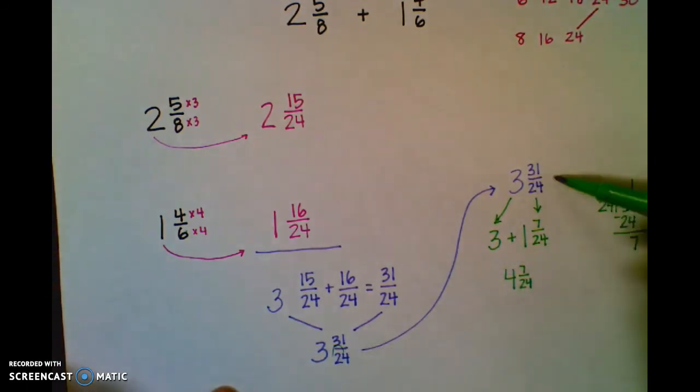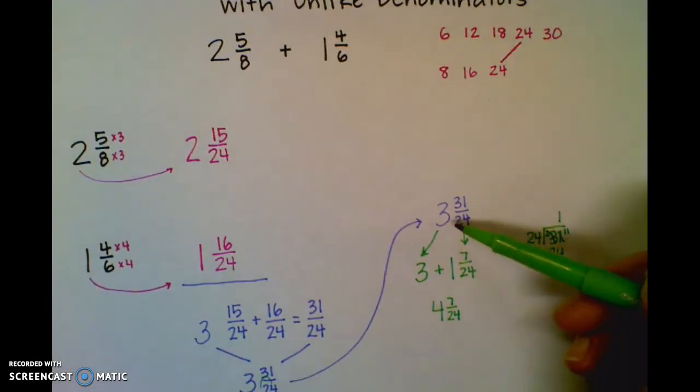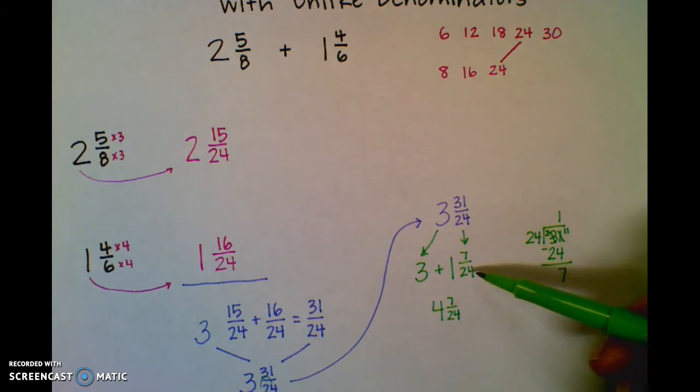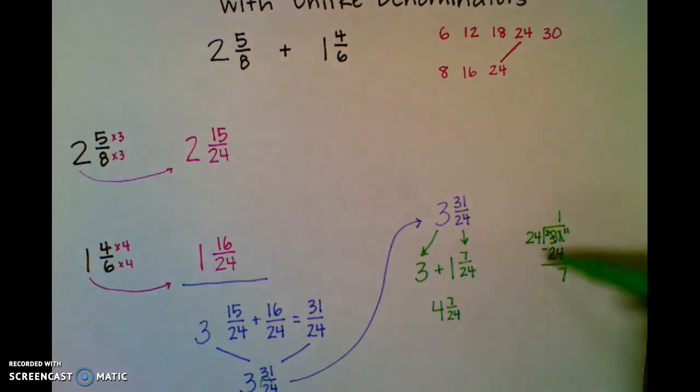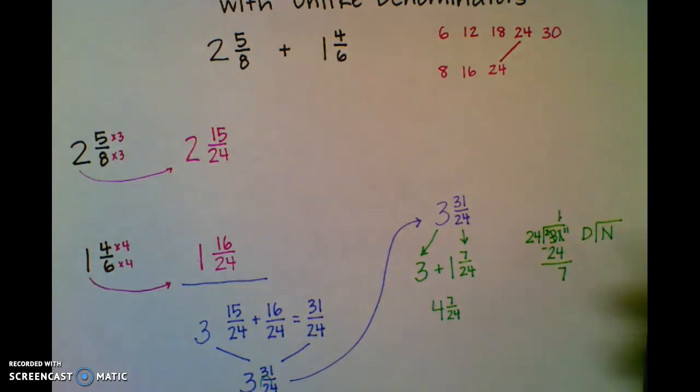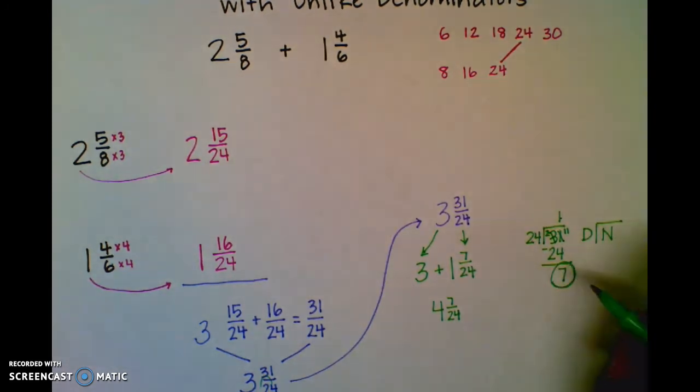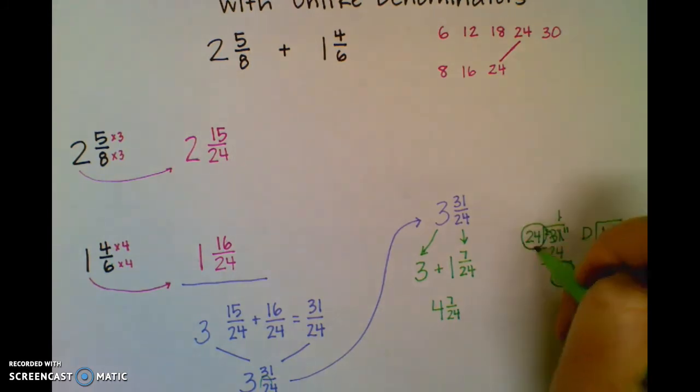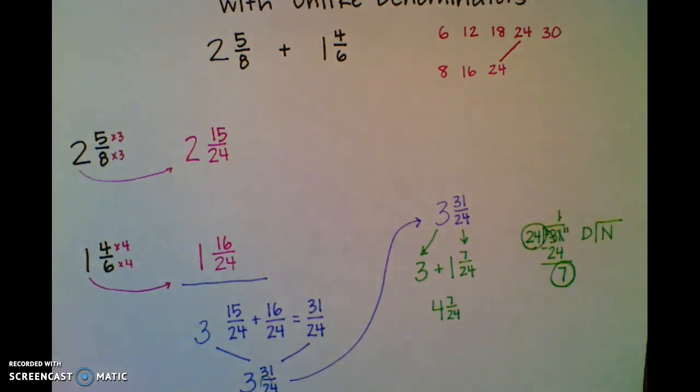So, zooming on over here, I needed to find 31/24 as a mixed number. I did that by dividing my numerator by my denominator, and then I got 1 and 7/24. Remember the remainder. This is my remainder out of my whole. Okay, that's what makes my fraction 7 out of 24.